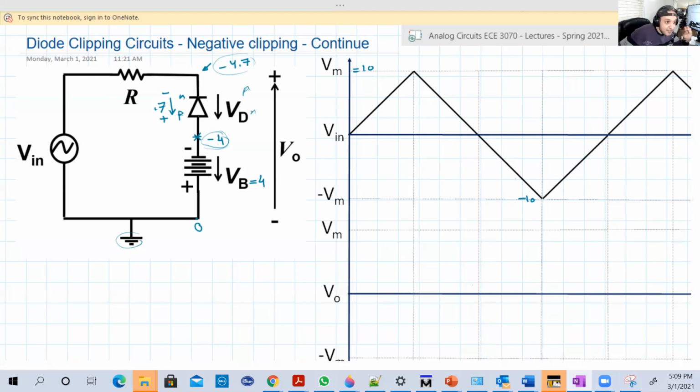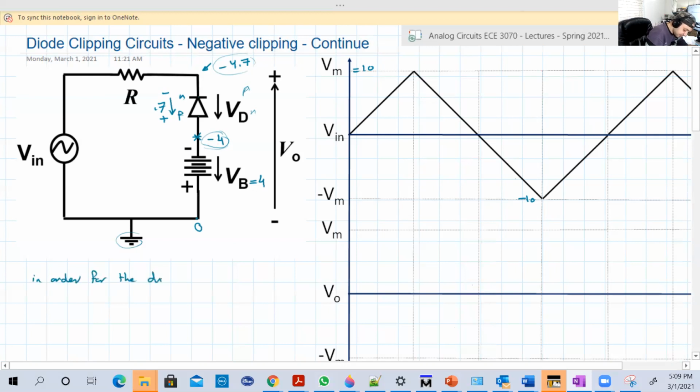This minus 4.7 is the maximum value that the input can have while the diode can still be on. So in order for the diode to conduct, V input must be less than or equal to minus 4.7. In other words, this is basically minus VB, guys.